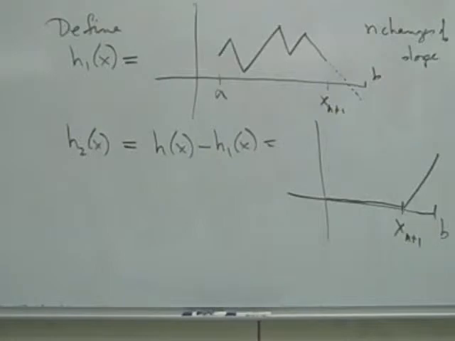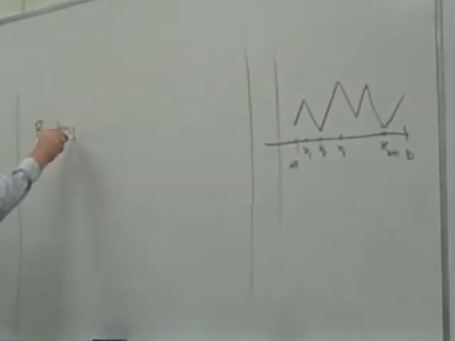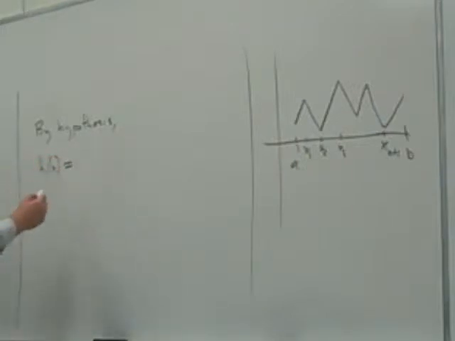So, my hypothesis: my first function is a linear term, m1x plus d1, plus a combination of the absolute values of, well, the changes occur all the way up to xn.